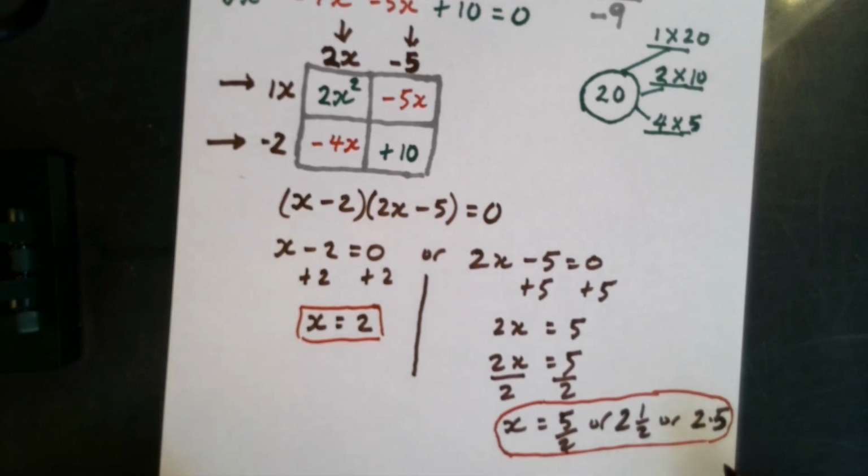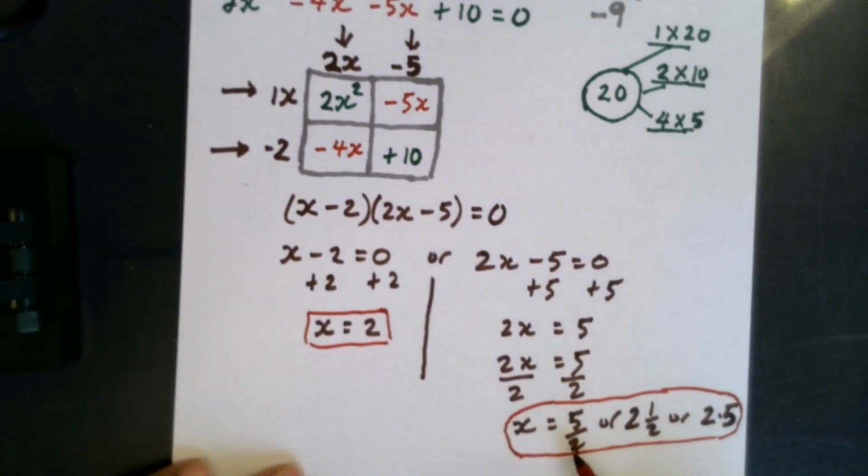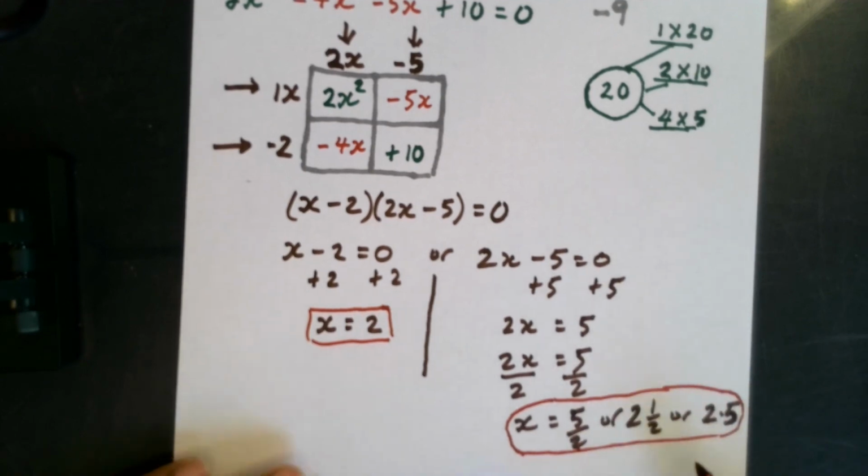Alright, so we have two answers, and these three numbers have the same value. Alright, so we have essentially two solutions.